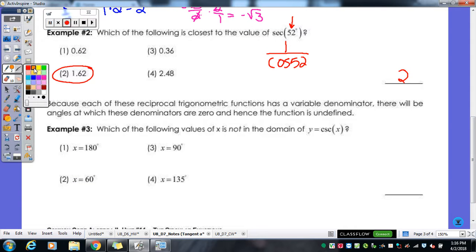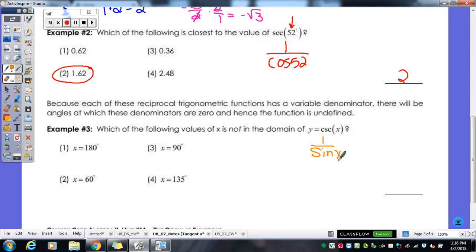Because each of the reciprocal functions has a variable denominator, there will be angles at which these denominators are 0, so sometimes they end up being undefined. Which of the following values of x is not in the domain of cosecant x? Cosecant is the reciprocal of sine, so it's 1 over sine x.